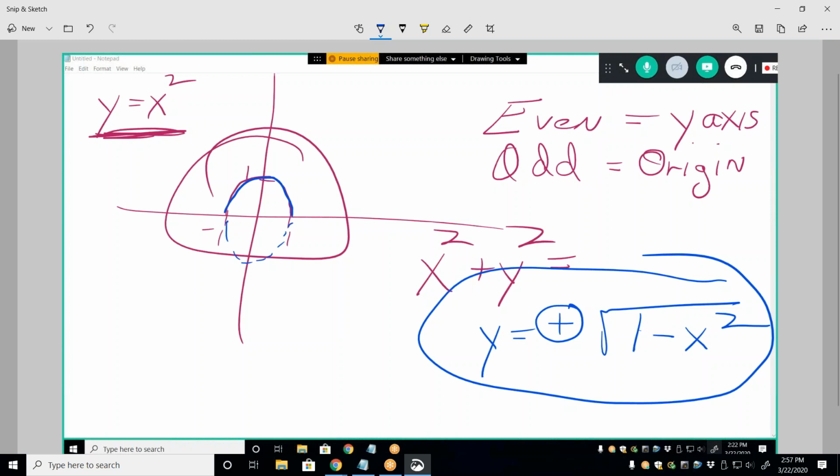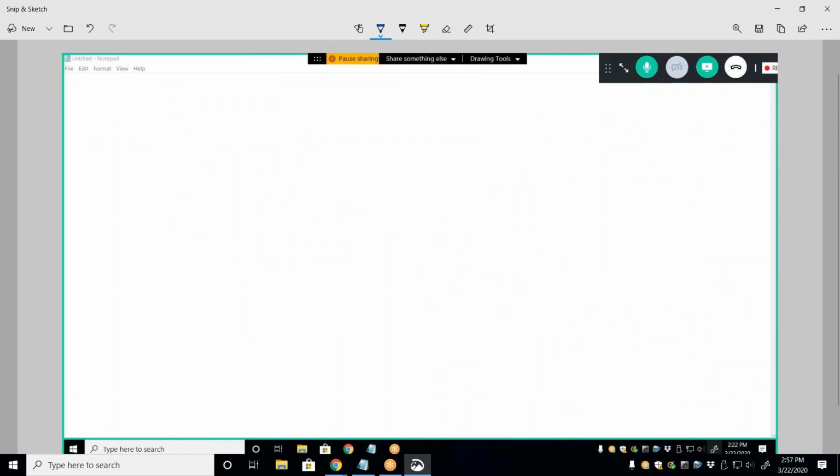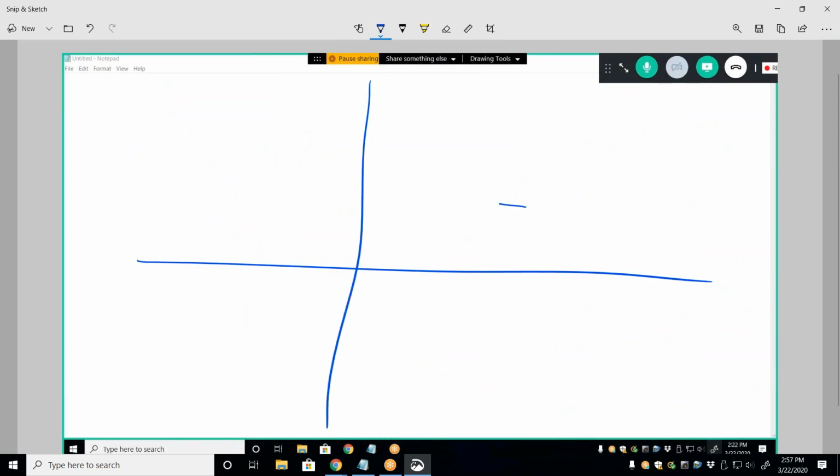So if I had a line that was symmetric to the x-axis, it would be neither even nor odd. The only thing I can think of would be something like that, a horizontal parabola. The equation of that is actually x equals y squared instead of y equals x squared.